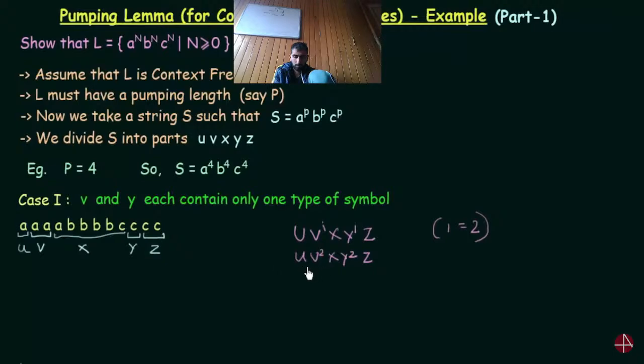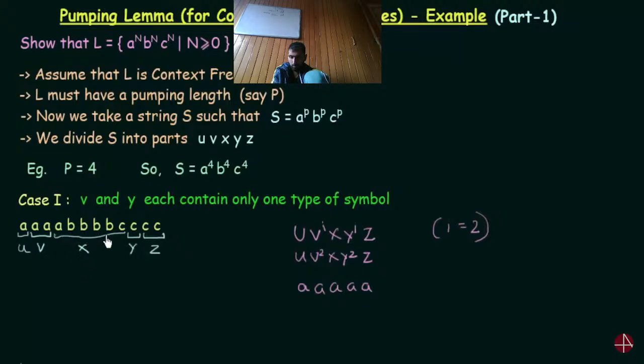So what is my u? U is just 1 a. And what is my v? V contains 2 a's, but it is v square, so I have to double it. That means there will be 4 a's: A, A, A, A. Then x. What is my x?